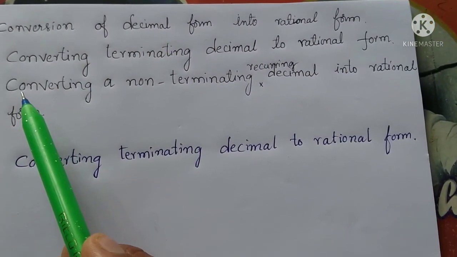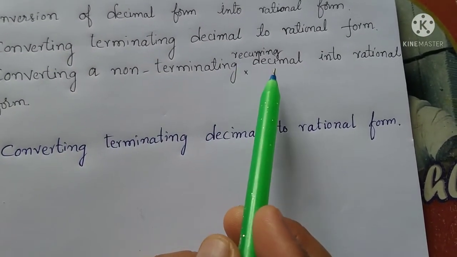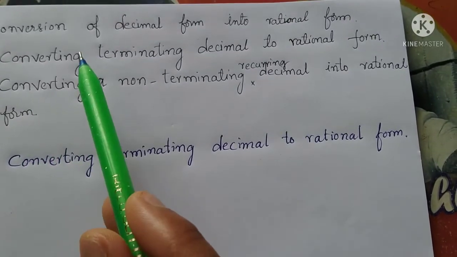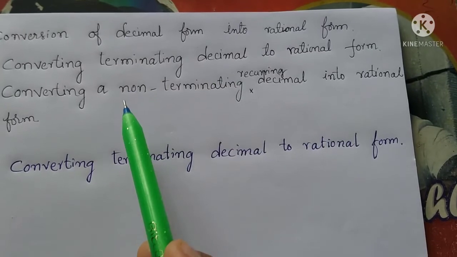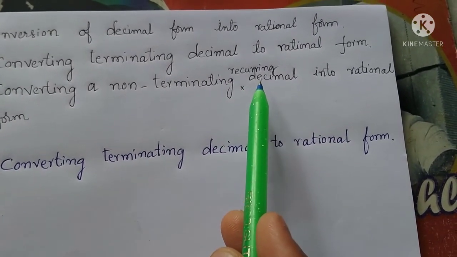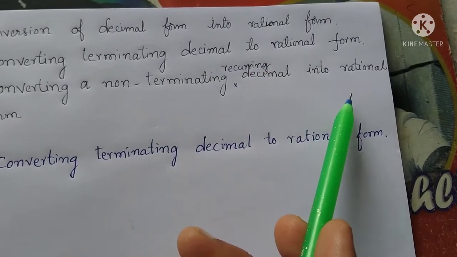The second point is converting a non-terminating recurring decimal into rational form. So these two types of decimals are changed to rational form.